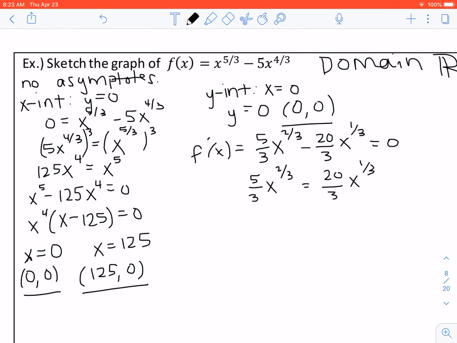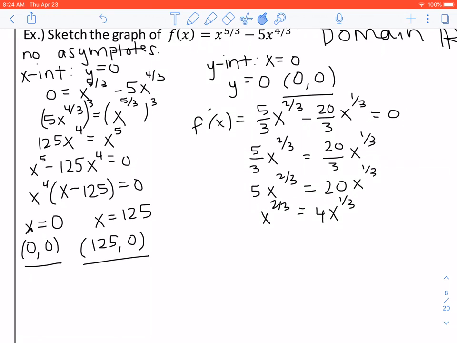I can multiply both sides by 3, and 5x to the 2/3 equals 20x to the 1/3. And then divide both sides by 5. I have x to the 2/3 equals 4x to the 1/3. And then from here, I'm going to go ahead and raise this to the third power on both sides.